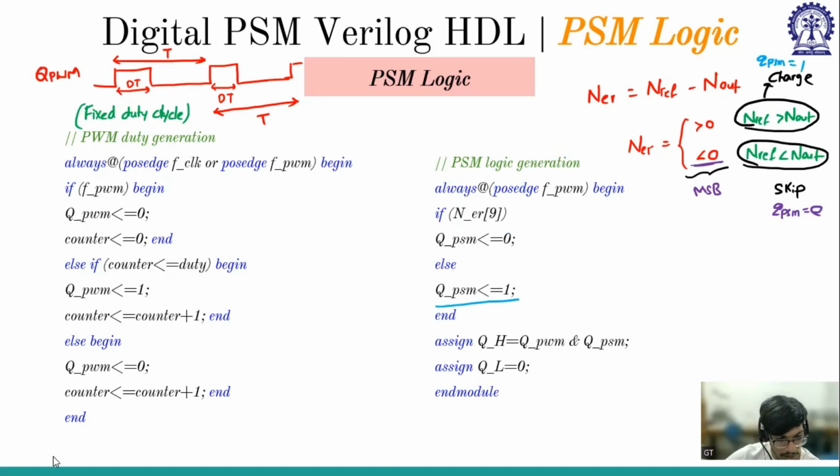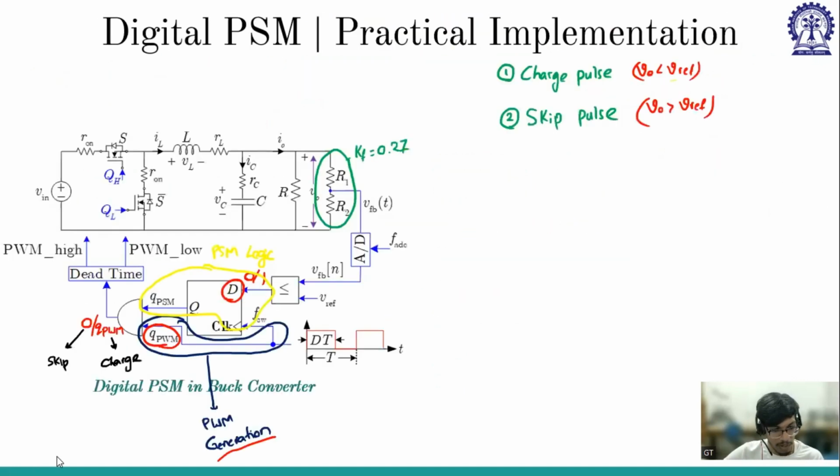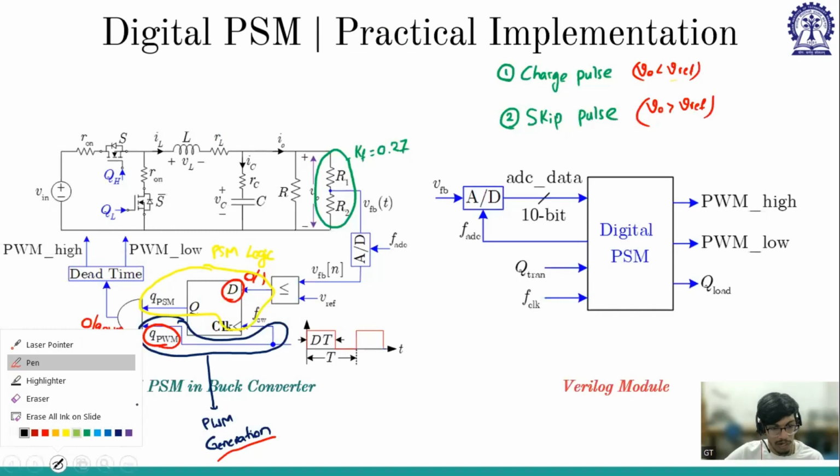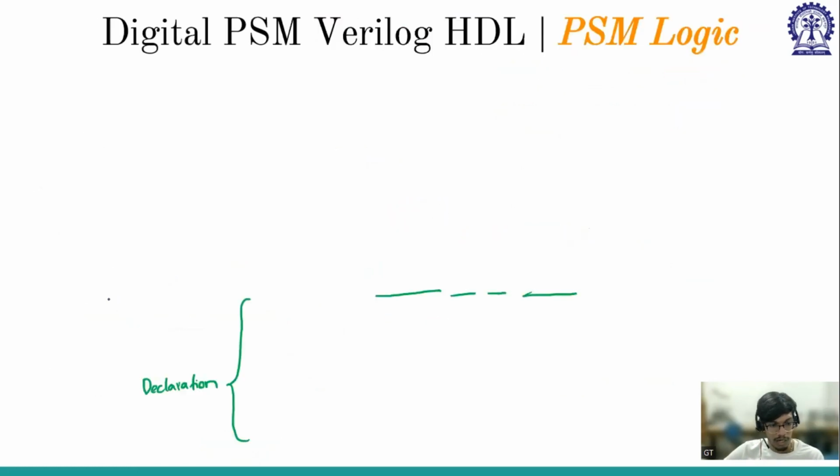So if I have to summarize, it has two things: one is skip pulse and the other one is charge pulse. So the PSM logic generation has given QPSM. Now if I go back, there is an AND operation for QPSM and QPWM, which will generate, say, Q. And then it goes to dead time.